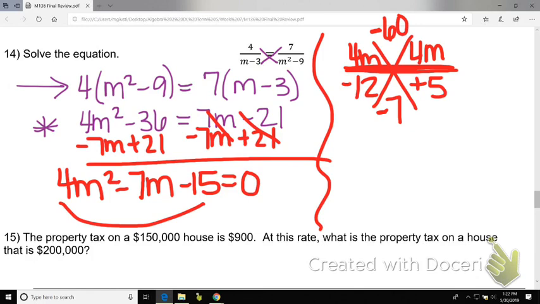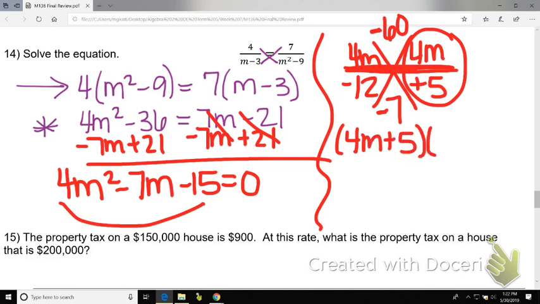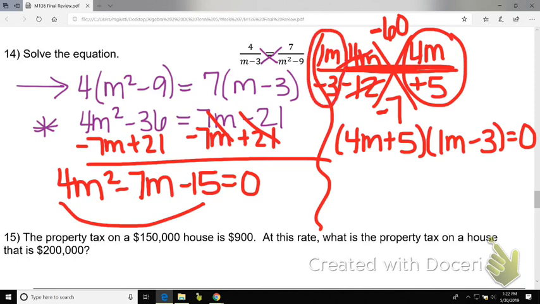Now, one set of those parentheses will reduce and one won't. So like the 4m plus 5, that's not going to reduce. But what can the 4m minus 12 become? 1m minus what? Yep. Minus 3. That can become 1m minus 3 because they're both divisible by 4. And then you just have to solve each one of those separately.